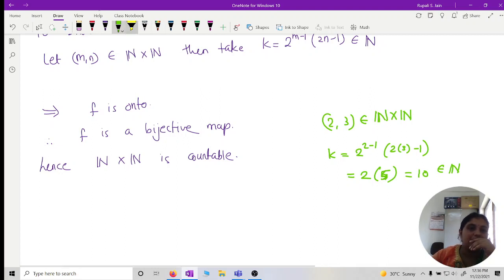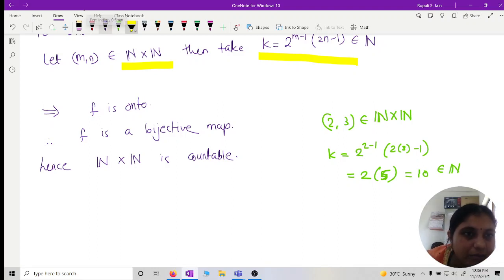The codomain is the set N cross N, which just means ordered pairs of m, n. Are you getting this? Is that okay? Yes, ma'am.